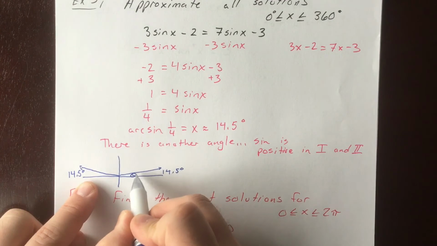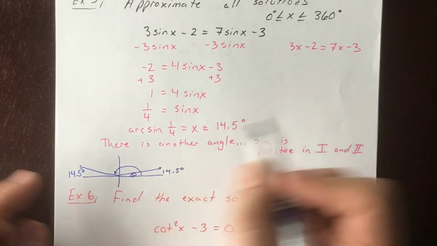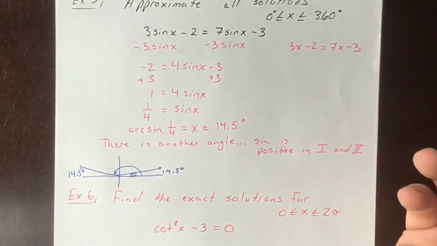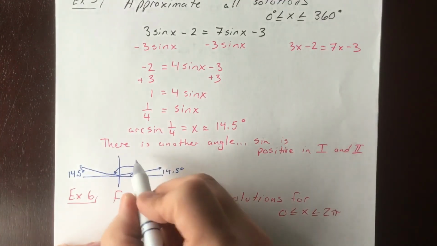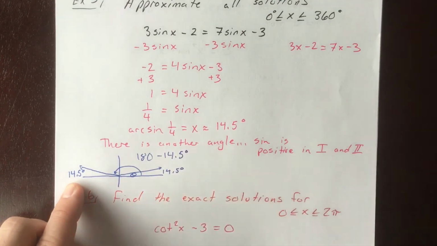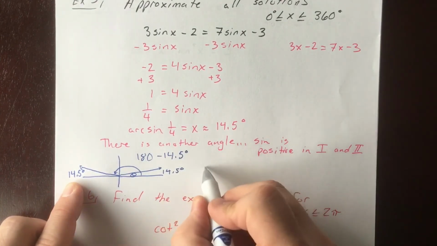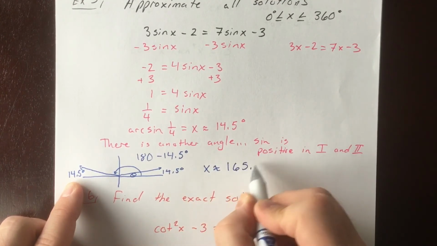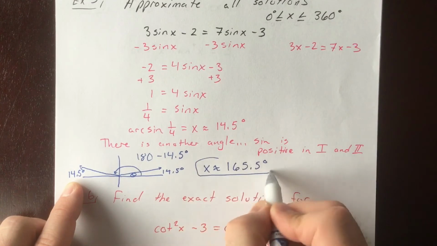So what would it be reading it this way? Well, wouldn't it just be 180 subtract 14.5? I think so. So in doing so, we find that x also is approximately 165.5 degrees.